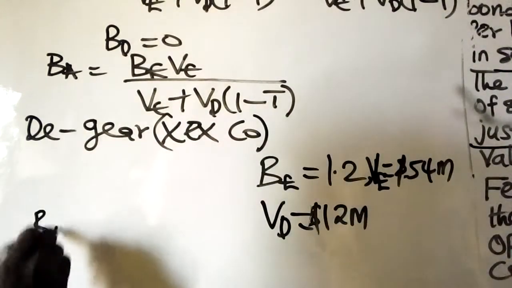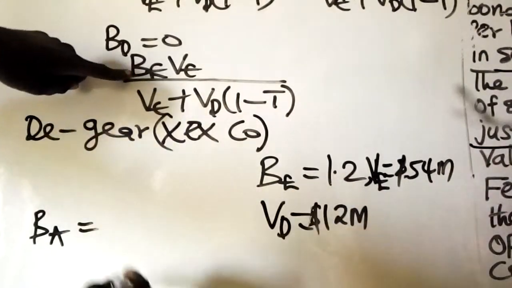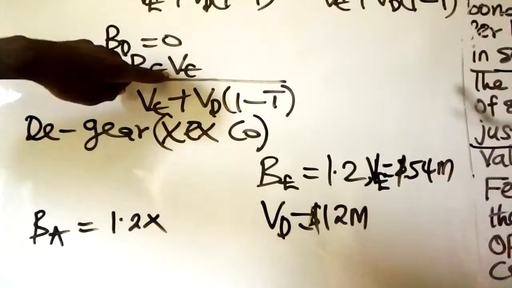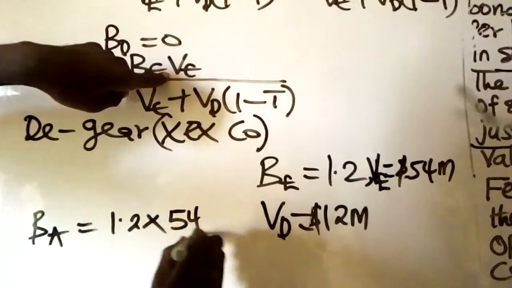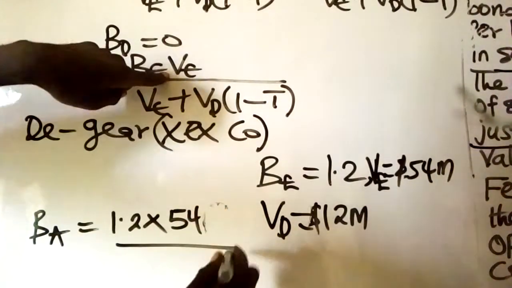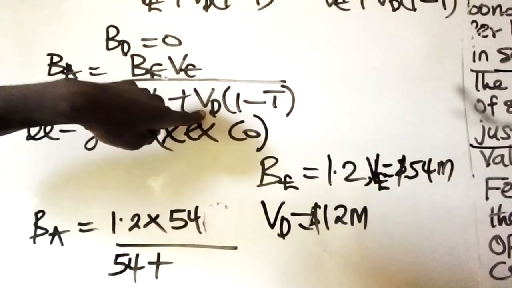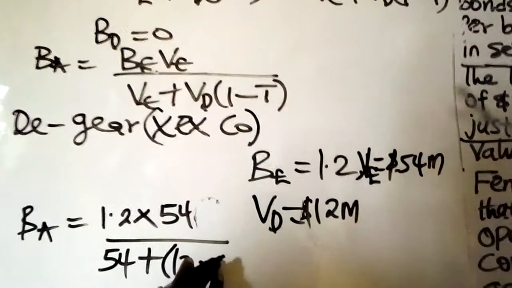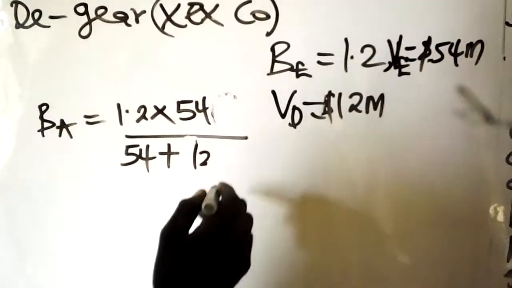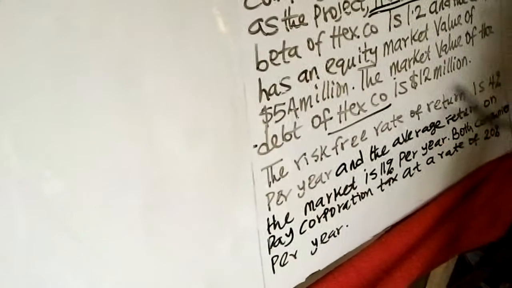So the beta of asset is equal to the beta of equity, which is 1.2, times value of equity, the market value of equity, 54 million, over value of equity 54 million plus the value of debt, 12 million, times 1 minus tax. Our tax rate is given to be 20%.